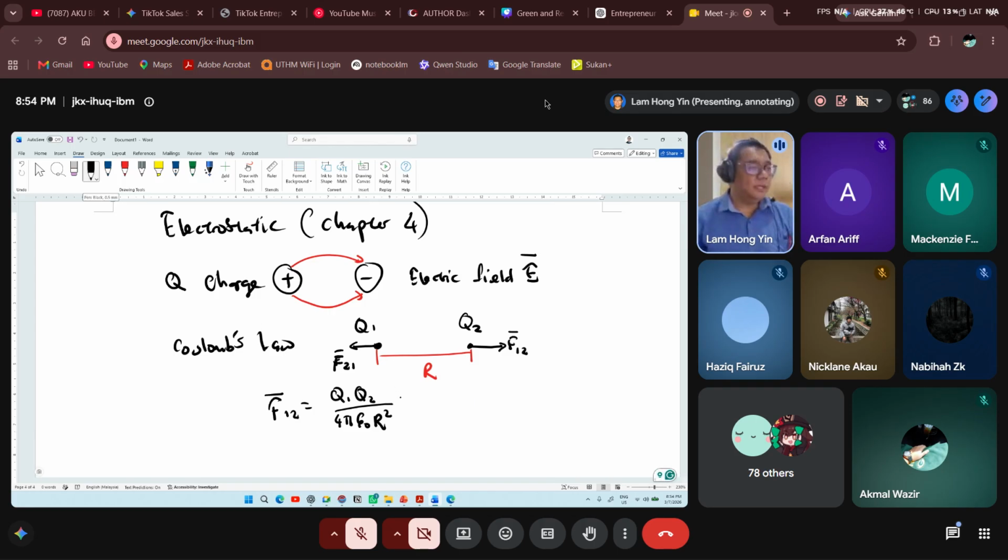And then we don't forget about the unit vector, the direction of the vector. So what is actually epsilon? Epsilon is permittivity.